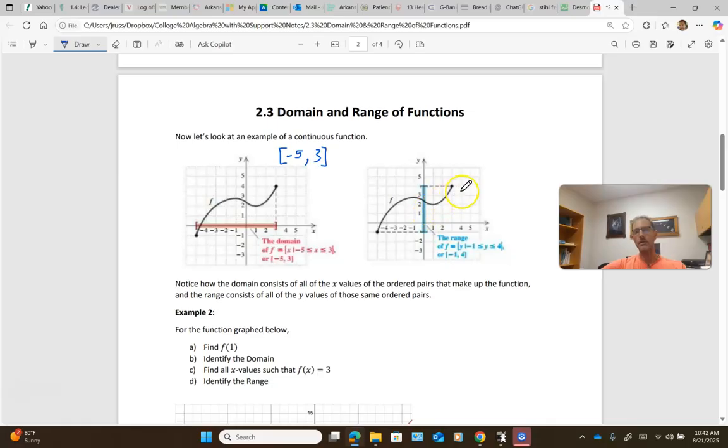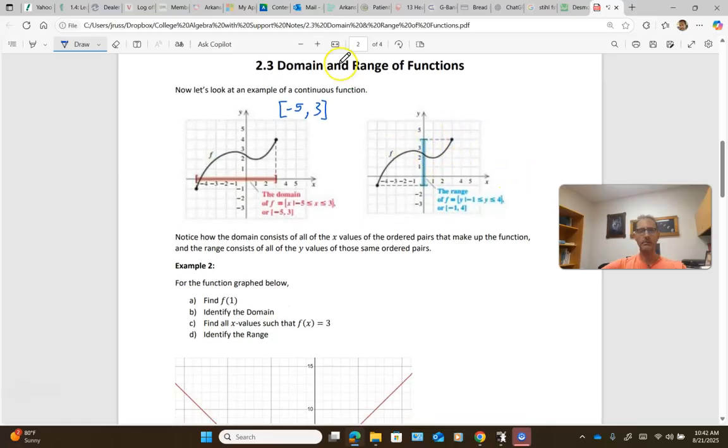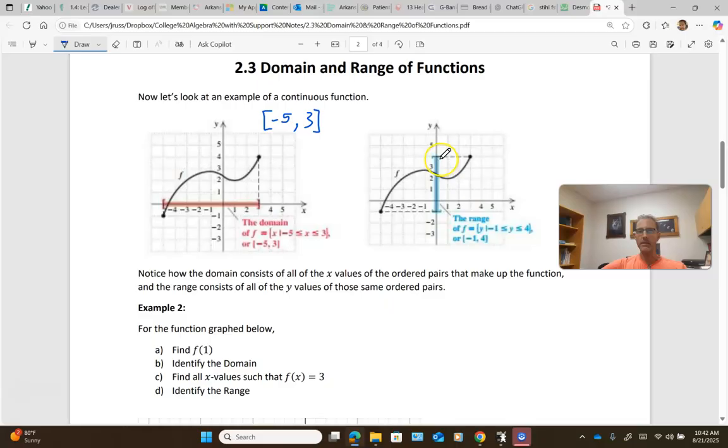Now, similarly, if you look over here to the right, the range would just be the set of all the y-coordinates of all the points. Starting at this lowest point, it has a y-coordinate of -1, and then this highest point has a y-coordinate of 4.